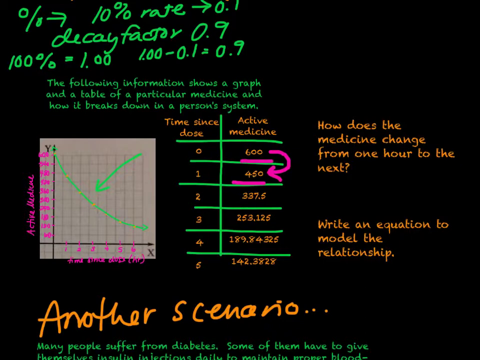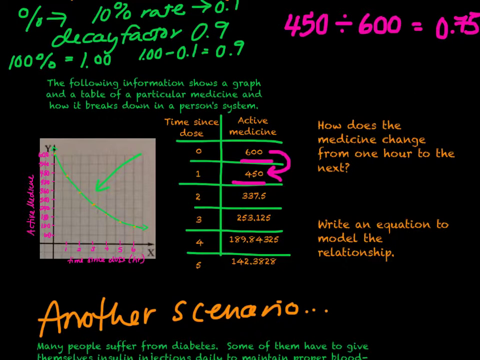So essentially we're going to say 450 divided by 600 gets me what? 0.75. That's a good number because I can see between 600 and 450, we're seeing a decrease, and it's not a huge decrease, but it's a decent amount of one.